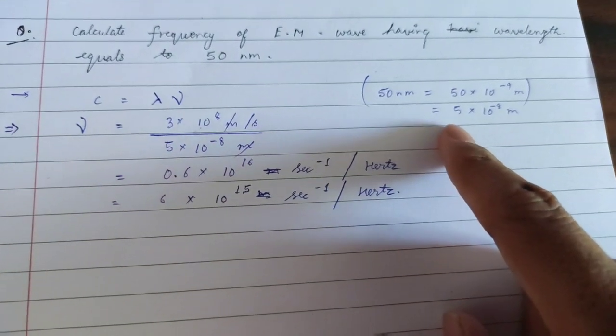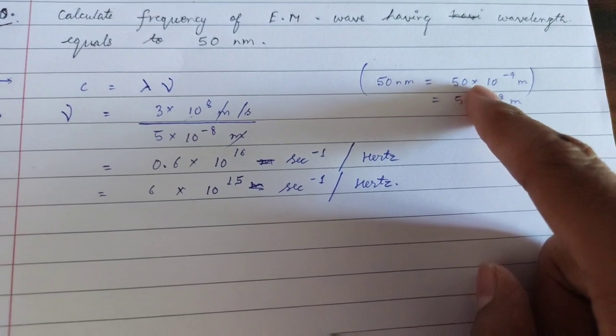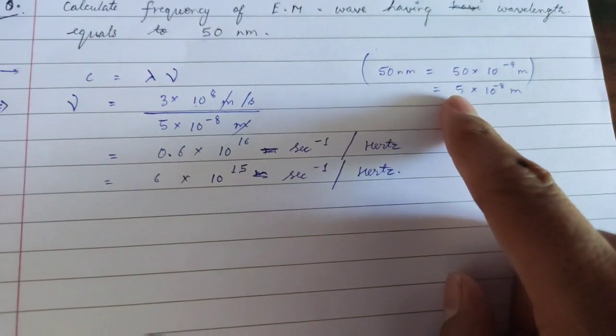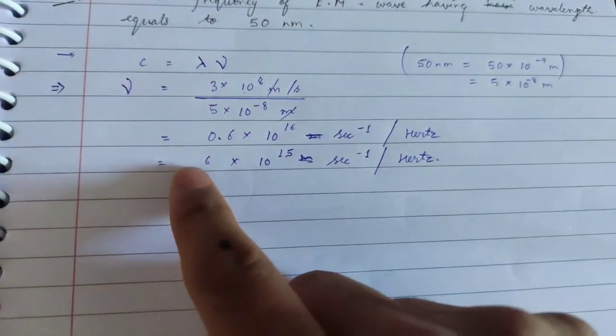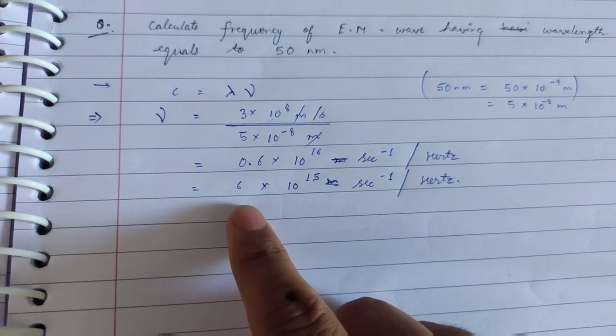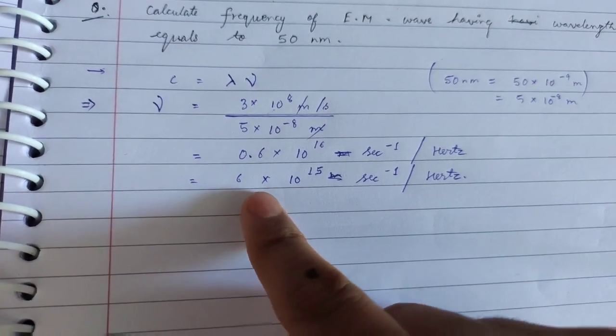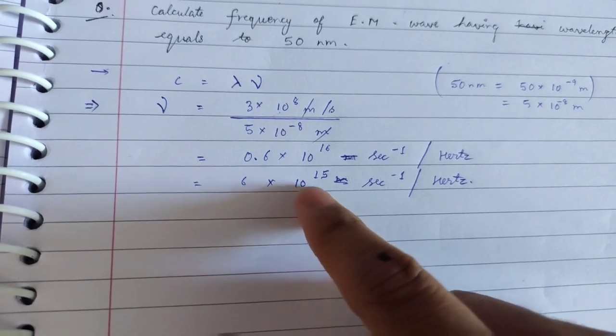So 50 nanometer is equal to 50 × 10^-9 meter, or we can write it as 5 × 10^-8 meter. Then we will directly put in the formula and the values, and we get the value as 6 × 10^15 per second, or 6 × 10^15 hertz.